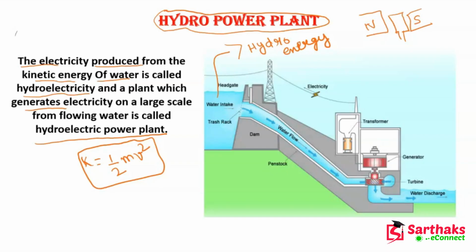When the turbine rotates, electricity is produced, because this turbine is connected to a generator like this, and we all know that a generator generates electricity. Here is a transformer, and after the transformer the electricity is transmitted to our houses.